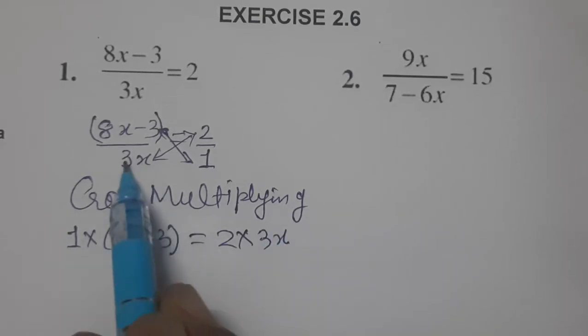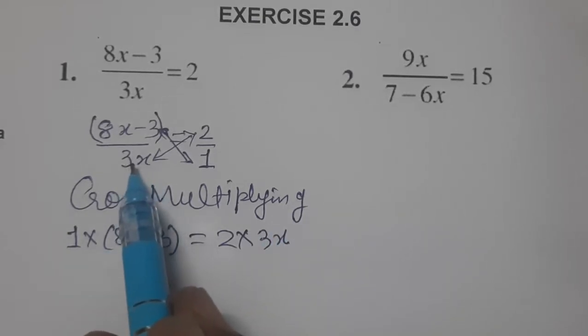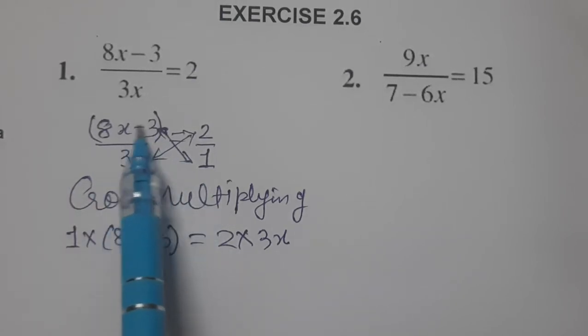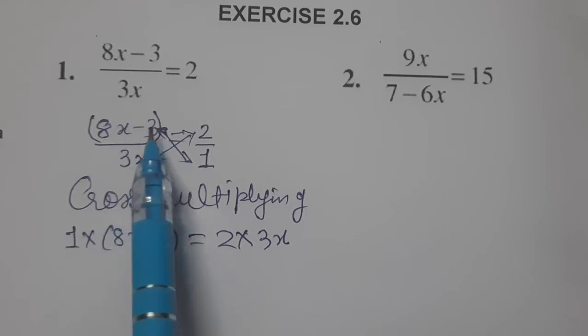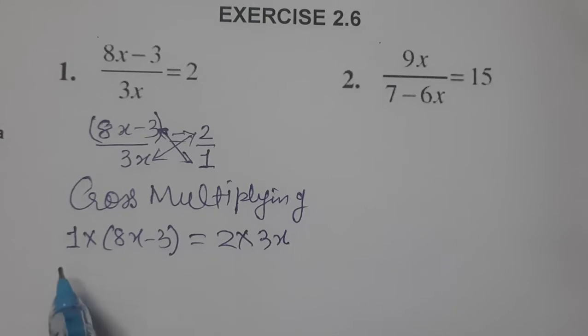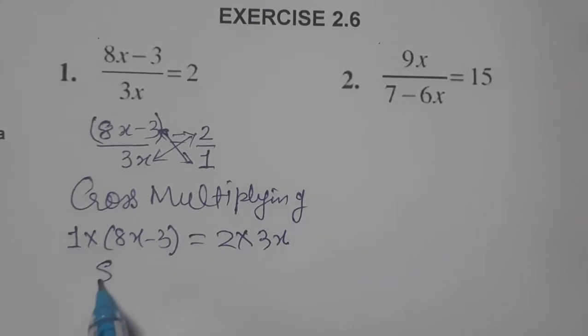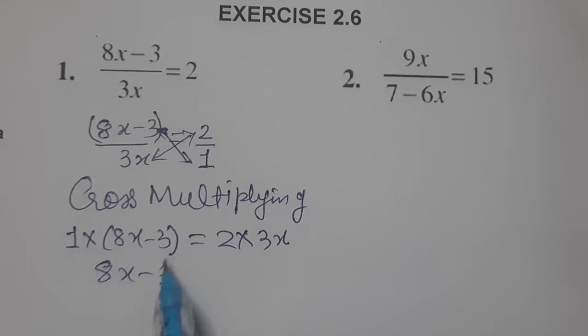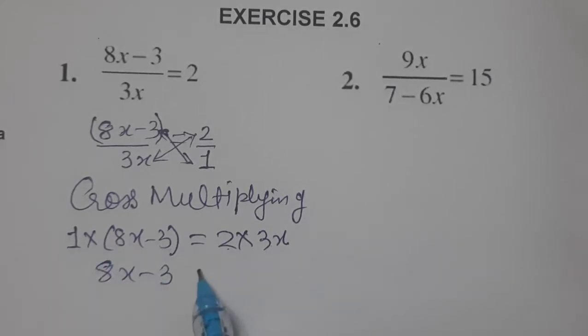Now this is a single term, so we have not put brackets. Terms are always separated by plus and minus signs, as you know very well. So here two terms are there, so we have to put brackets. Now we are multiplying by 1, so the result will be the same. There will be no change, so it will remain as it is, 8x minus 3 only. Or you multiply 1 8s are 8 and 1 3 is 3. Now 2 3s are 6x.